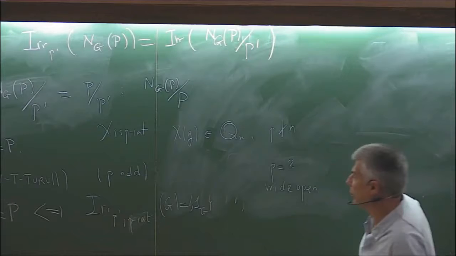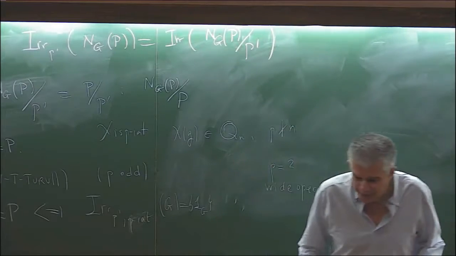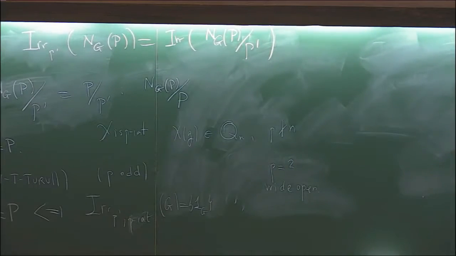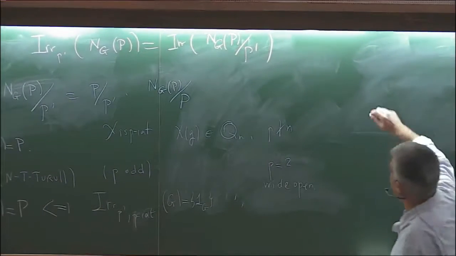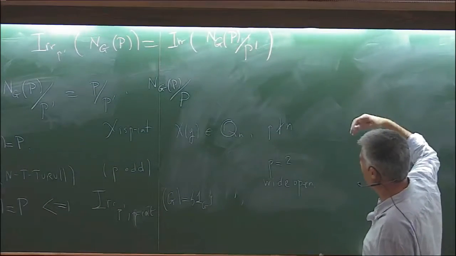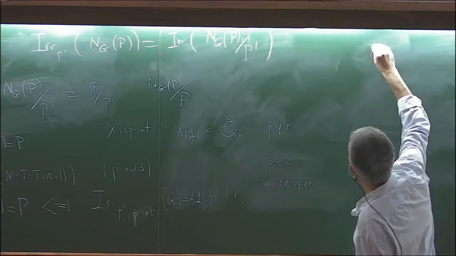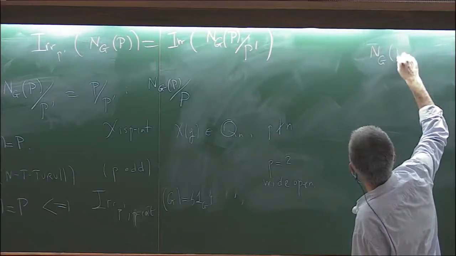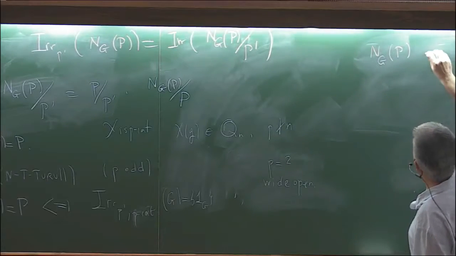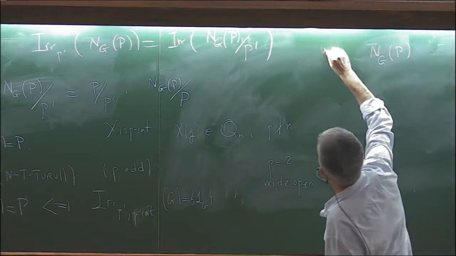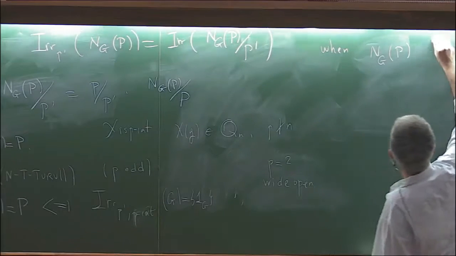Okay, so the next step for local-global stuff was to decide if this group has a normal P-complement.